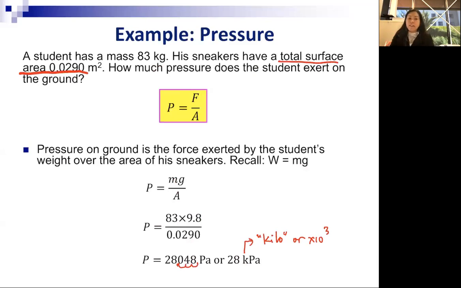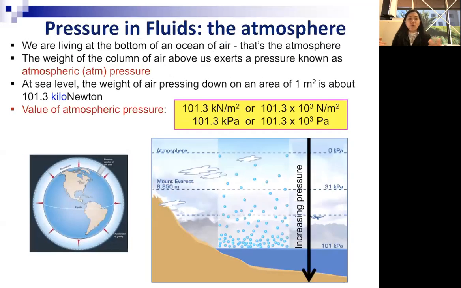Okay, so for this particular example, we used a solid object to visualize, so it's easier to see how pressure is related to the force exerted over an area. But if we apply that to fluids, let's think about the Earth's atmosphere.